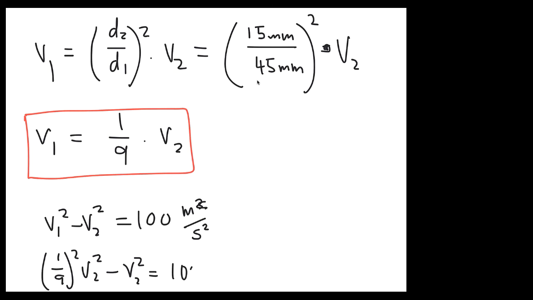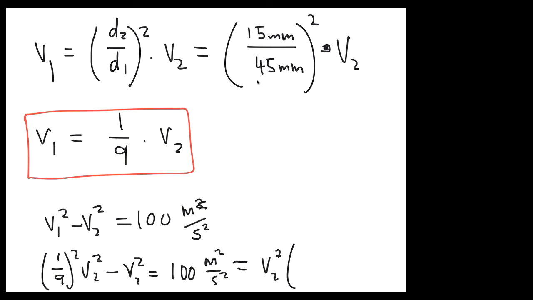I'm going to carry my units through because they're going to save me in the end. Meters squared per second squared is going to be v2 squared times that.